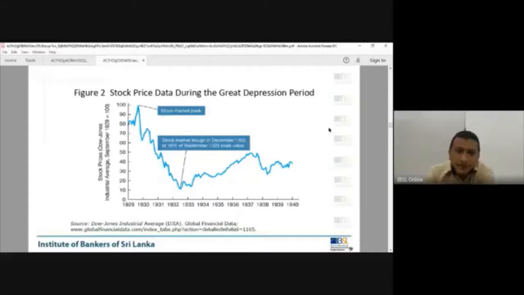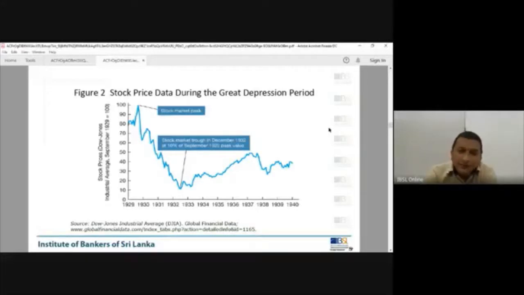Okay, so if you had 1 million worth of stocks invested in this Dow Jones, what you are basically seeing is it's worth only 100,000 within 4 years. So you have lost most of your assets during this period. So that shows how the stock market crashed.